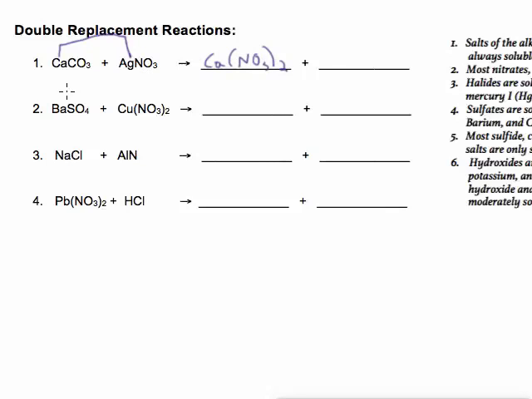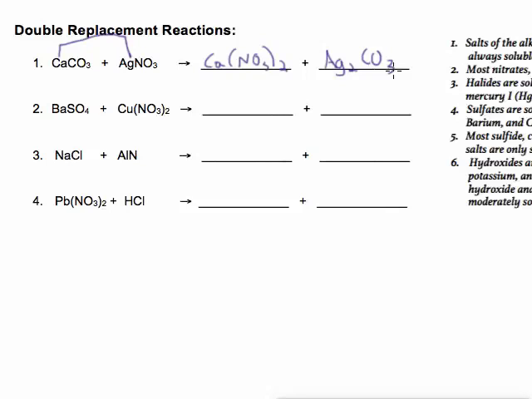Now we need to know silver's charge. But if we look, we know nitrate is -1, so silver must be +1. When we drop and swap those, we get Ag2CO3. Now we don't need to balance them yet until we determine if the reaction happens.